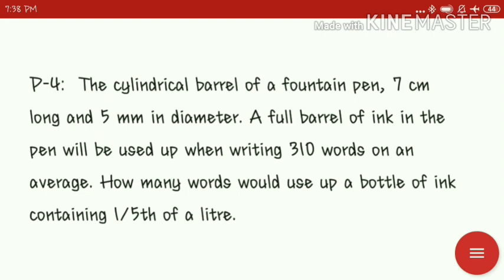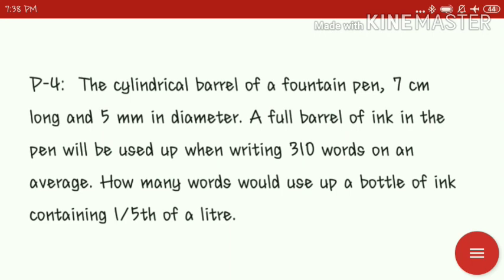How many words would use up a bottle of ink containing 1/5 of a liter? Now the problem is that a barrel, when it is completely filled with ink, can write 310 words on average.